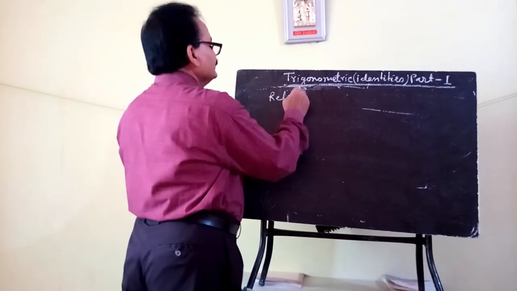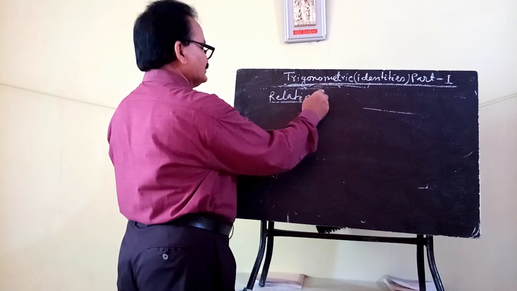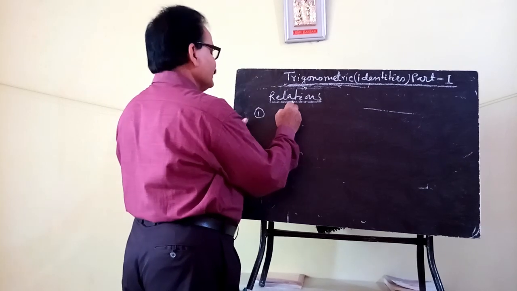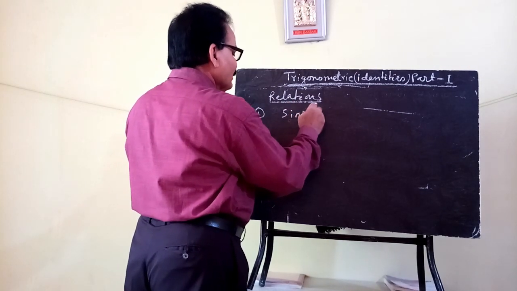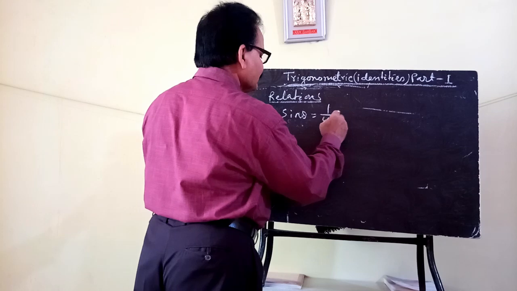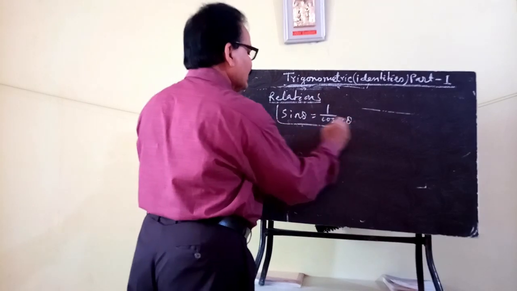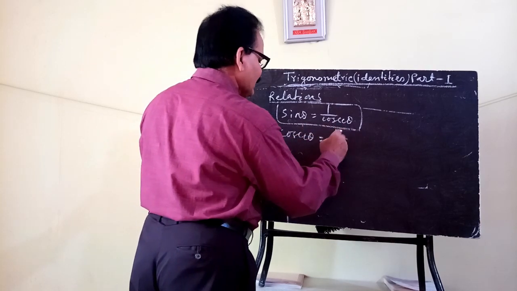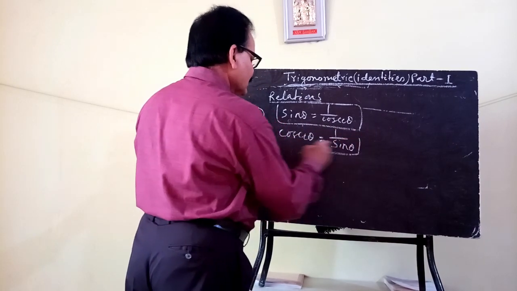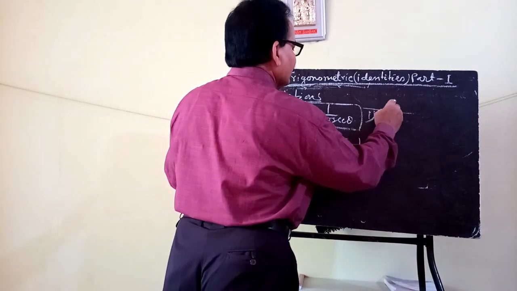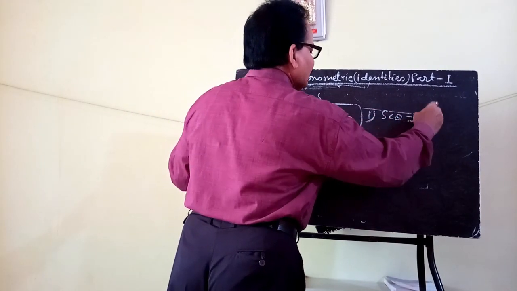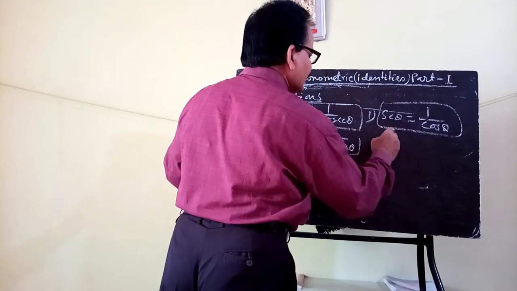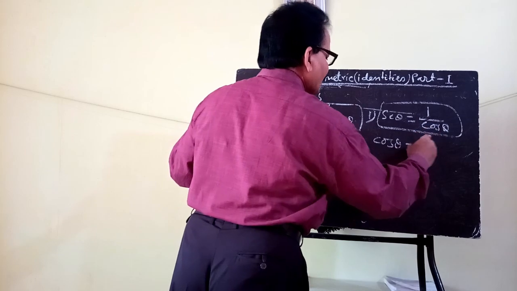Also you have to keep some relations in mind. As I already explained, sin theta may be replaced by 1 by cosec theta, or cosec theta by 1 by sin theta. Similarly, sec theta can be replaced by 1 by cos theta, and cos theta by 1 by sec theta.